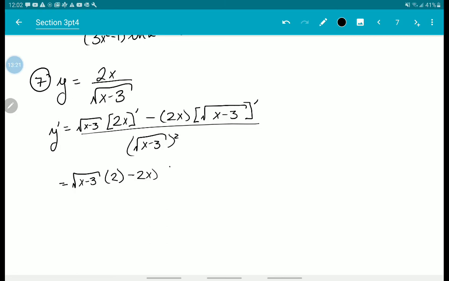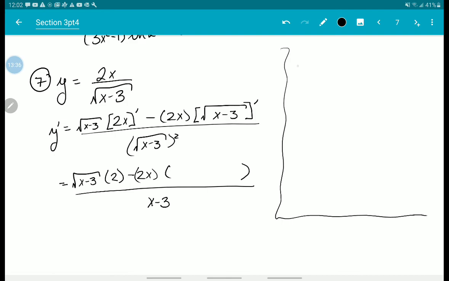So I'm just going to leave a blank here for now until we find that. Over the bottom squared, when I square a square root, I'm just going to get what's under the radical. So I'm going to get x minus 3. So now let's go off to the side. We have the square root of x minus 3 we want to take the derivative of.